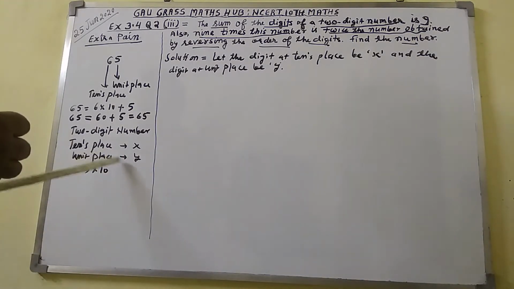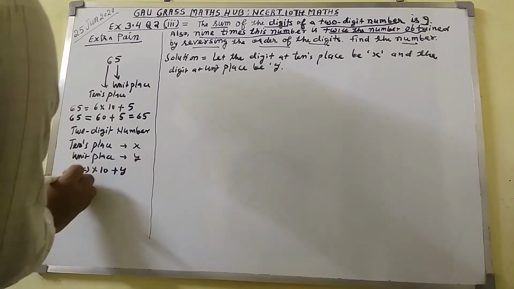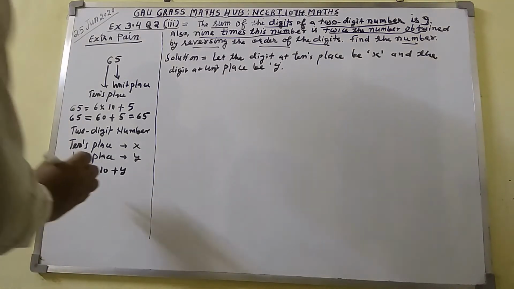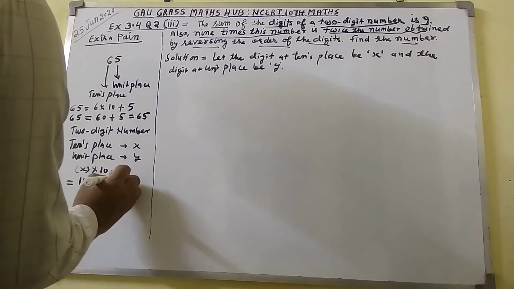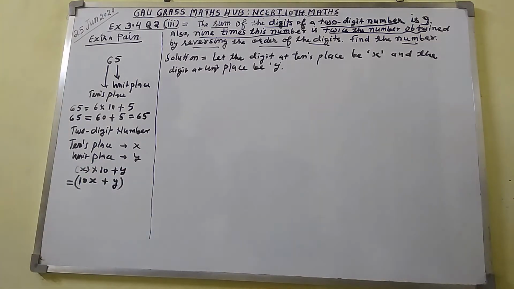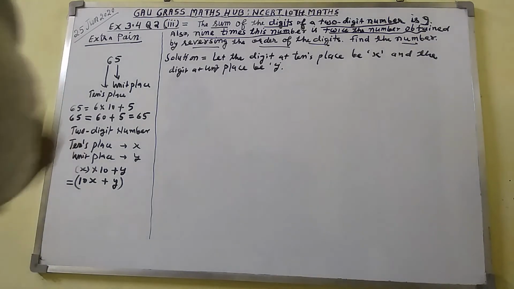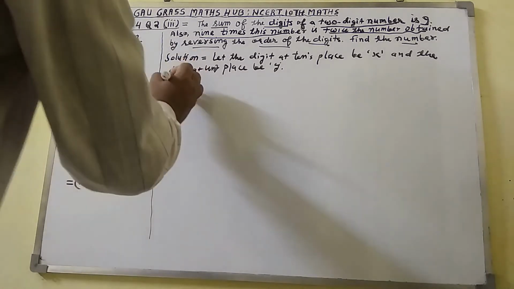Now the digit y is at unit place, so add y. So now the number will become 10x plus y. This will be the desired number. On this basis, you can proceed further.